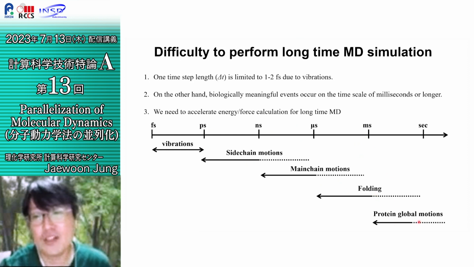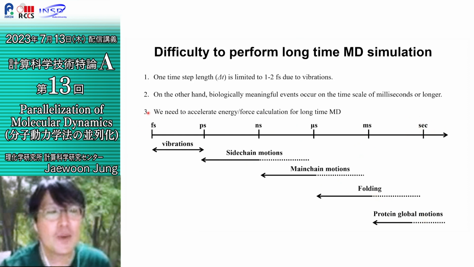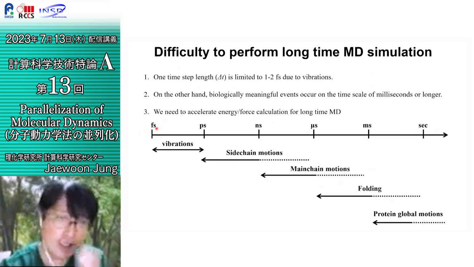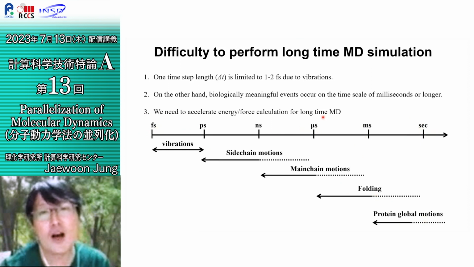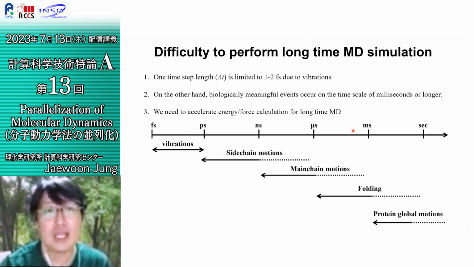And for much larger protein global motions, we need second level. So femtosecond is 10 to the minus 15th power. And to obtain this microsecond level, we need 10 to the 9 step force calculation. In other words, billion steps of force calculations are necessary. So to go beyond this is still very challenging and very difficult in MD.